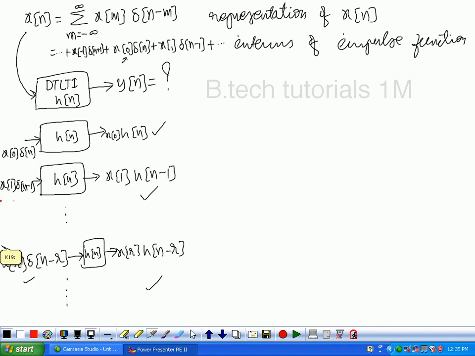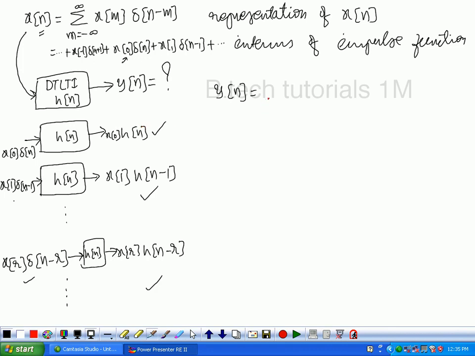See, if you add all these inputs, you will get x of n. The x of n is the sum of these inputs. So therefore, what will y of n be? y of n will be equivalent to the sum of all these. I have written this for the positive values of m. If you do it for negative values of m, if it is x of minus 1 into delta of n plus 1, the output will be x of minus 1 into h of n plus 1.